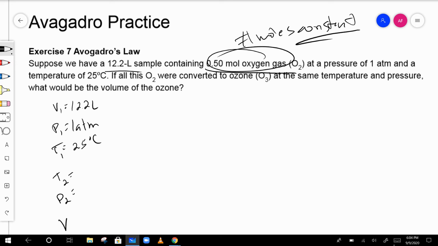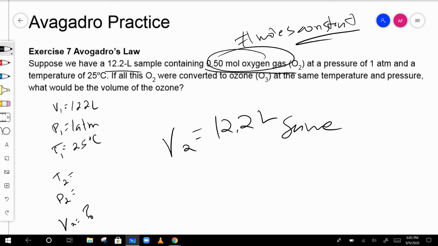What would the volume be? So it's saying here that if we have the same number of moles, the same temperature, the same pressure, then the volume will be the same. So V2 will be 12.2 liters still.